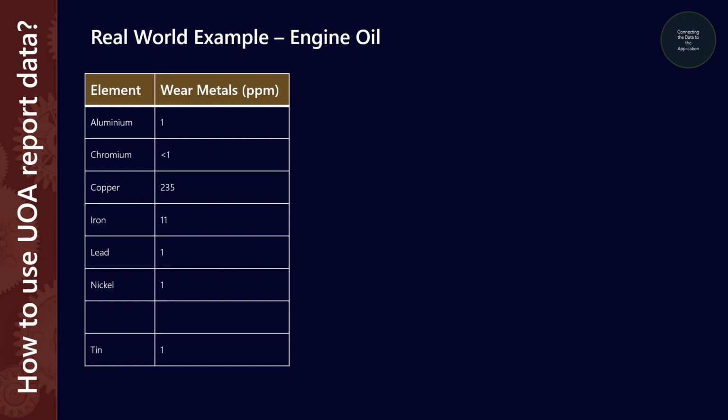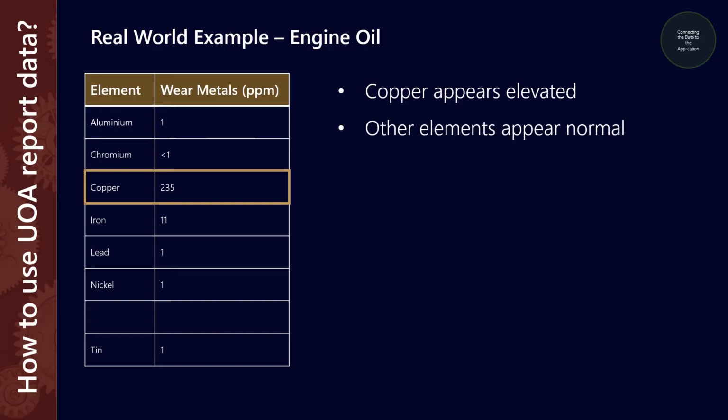Big end bearings or small end bearings commonly have copper in them, but there are also copper oil coolers, also very common, right? So trying to figure out where the copper comes from, that requires a little bit more analysis. So all I can know from this result is that the copper looks elevated and everything else looks normal.